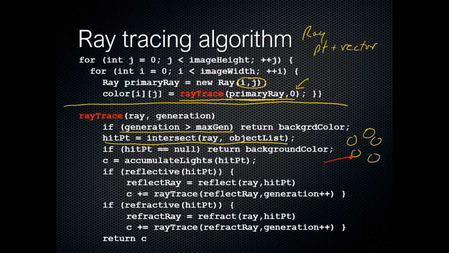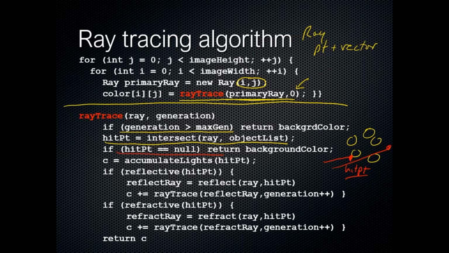So we're going to find that point right there. The return here is a hit point, which is going to be a point in the scene. If the hit point is equal to null, meaning we didn't hit anything, we return the background color. So if we just go through the scene onto infinity, we're just going to give whatever sky color, blue for a sky or something else that gives us a background.